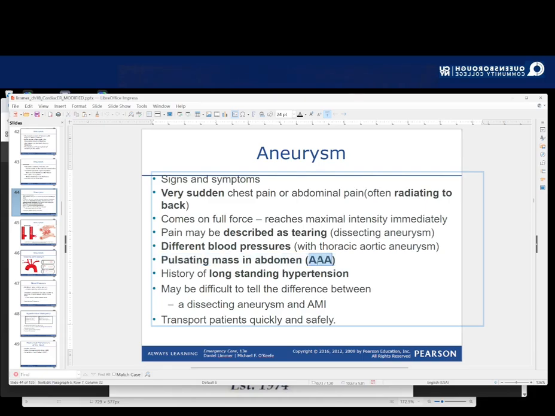In fact, if you suspect a AAA, you do not go lights and sirens because that will excite the patient and it'll cause them stress and cause their blood pressure to go even higher. So going lights and sirens with a AAA increases the chances that it will burst. Instead, you take it smooth and slow, gentle, be calm with the patient. Don't say anything that'll upset or excite the patient. Just make your way to the hospital.